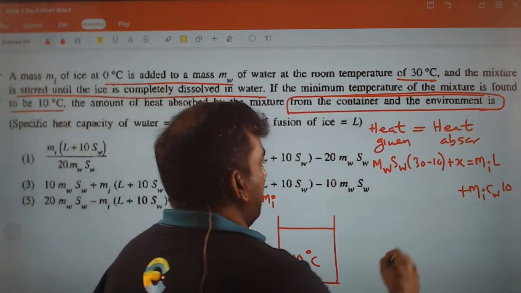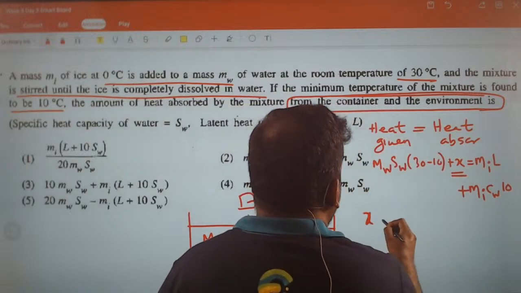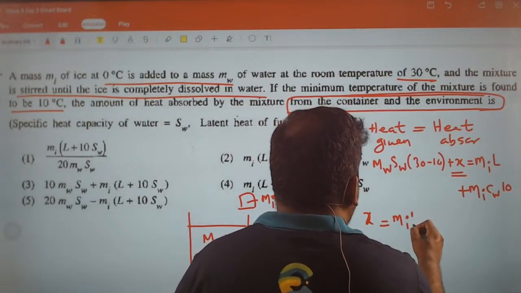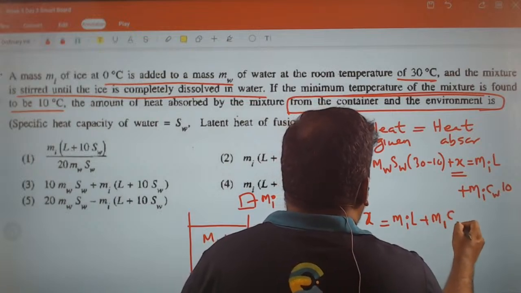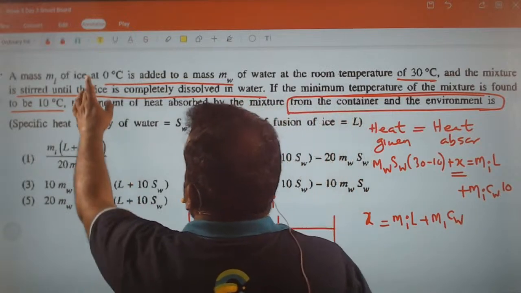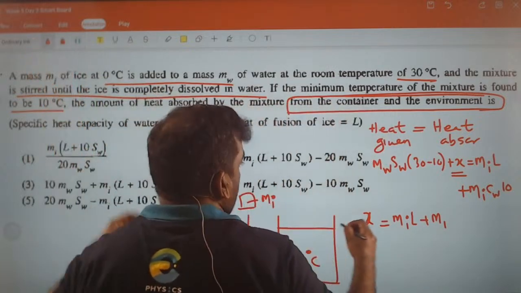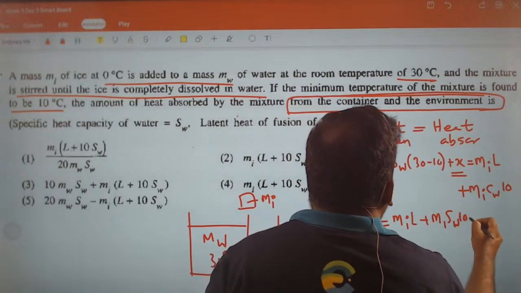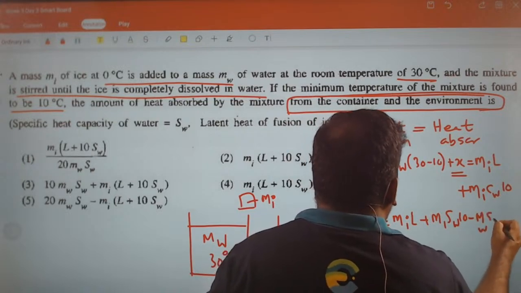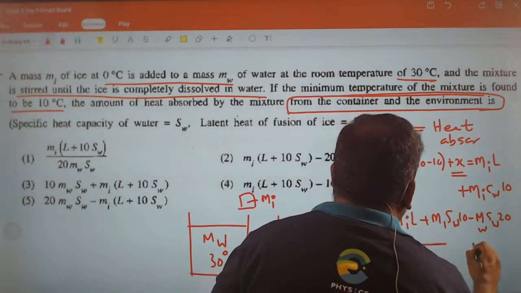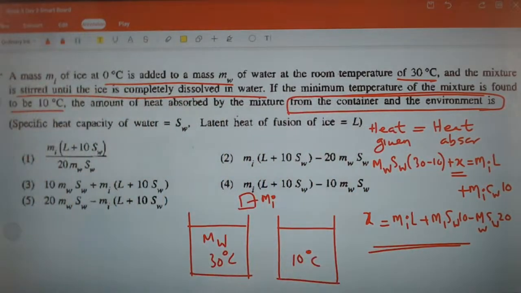So the amount of heat absorbed from the environment and the container is m1 L_f plus m1 sW 10 minus mW sW 20. This is your answer: m1 L_f plus m1 sW 10 minus 20 mW sW.